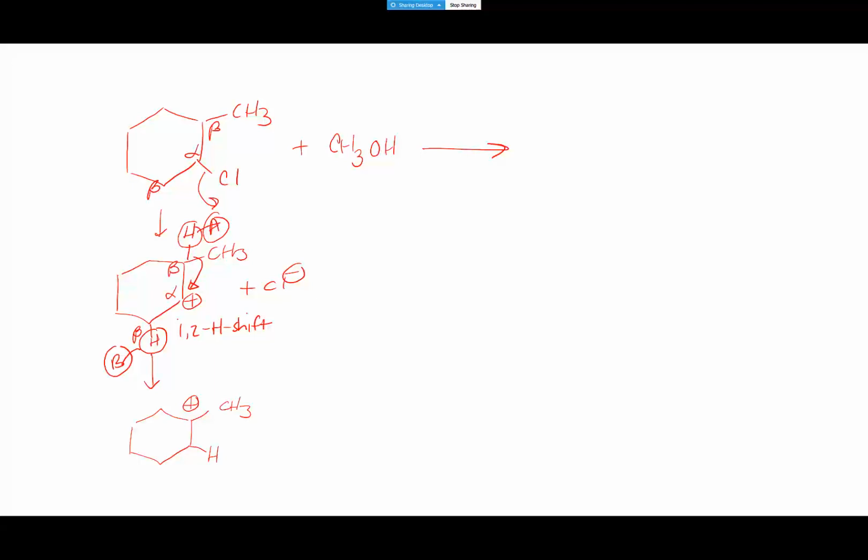Once you do that, then you're going to add the methanol to it to form the SN1 product, or you're going to lose a beta hydrogen plus to form the major E1 product.